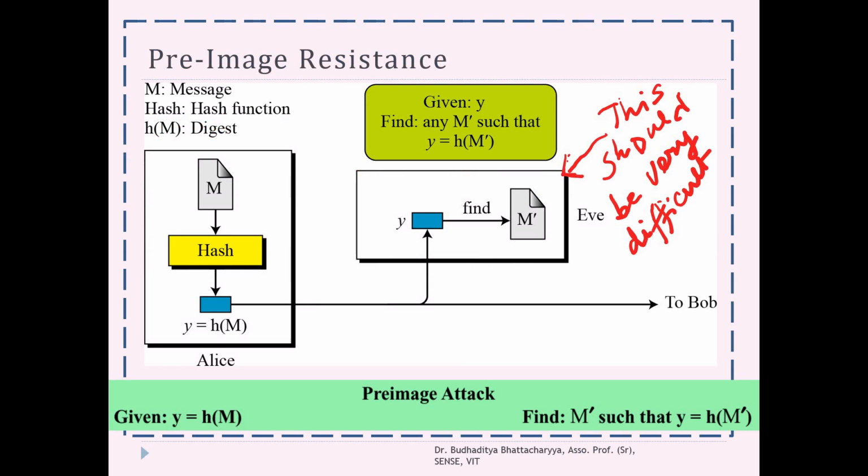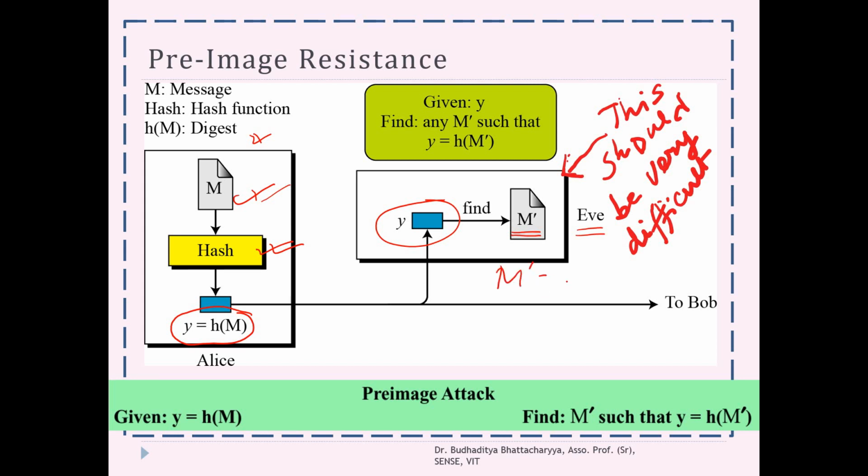Second part is, as I said, this is just a block diagram. The raw message comes in and goes through a hash function. That hash function generates some output, which is y equal to h(m), given as the digest. Now this digest goes through the channel. Suppose Eve is over here, the intruder. He gets that h(m), but from that h(m) he is not supposed to find back m prime.